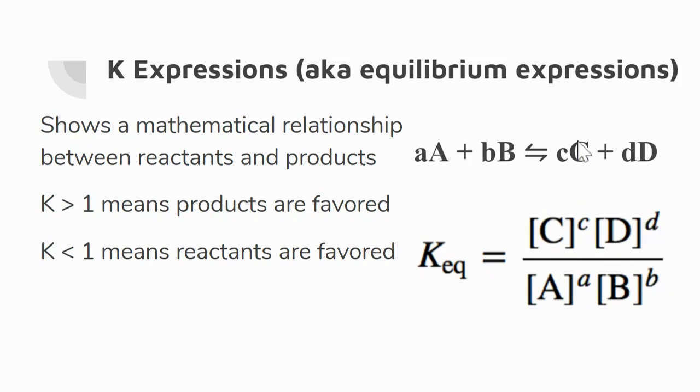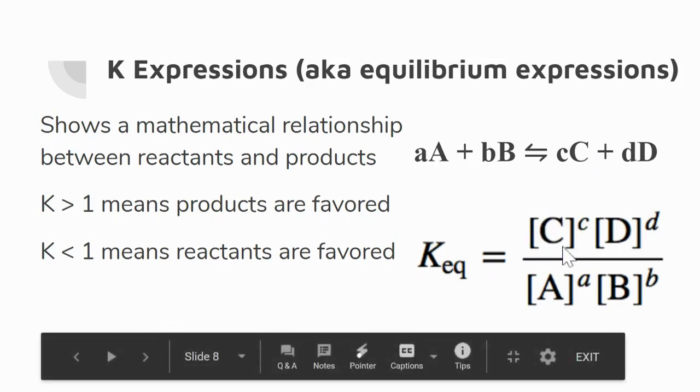So the products here were C, and if you remember, the bracket means concentration. So I put the bracket for the concentration of C, raised to its coefficient. And then I multiply it, be careful that you don't try and add these things, by D raised to its coefficient's power. And then I take all of that and put it over the reactants.